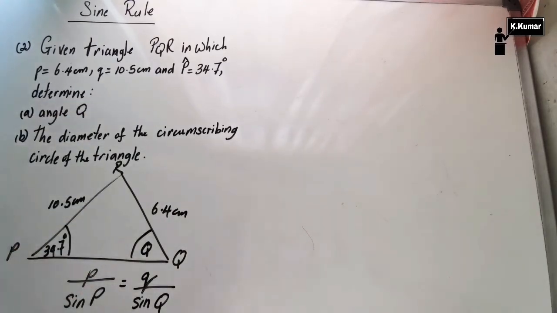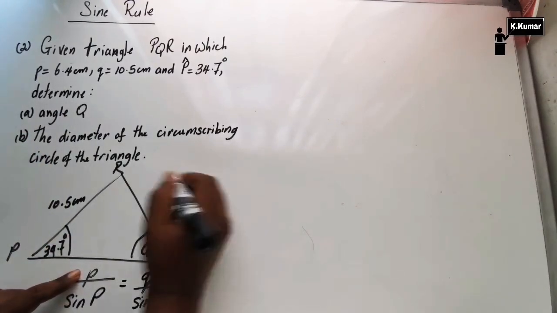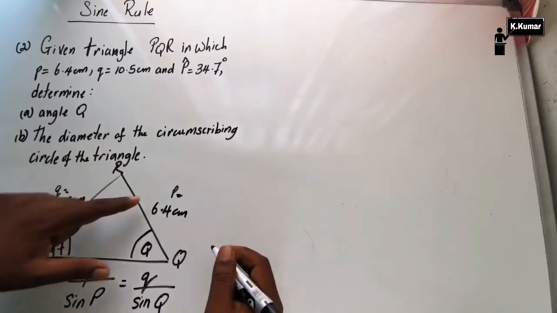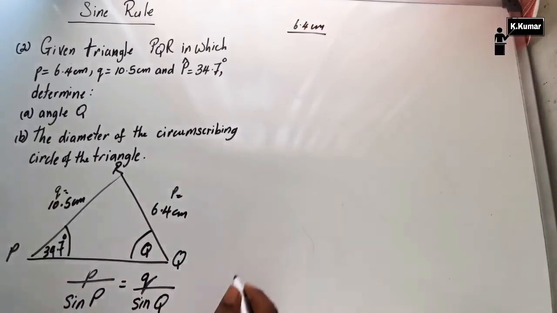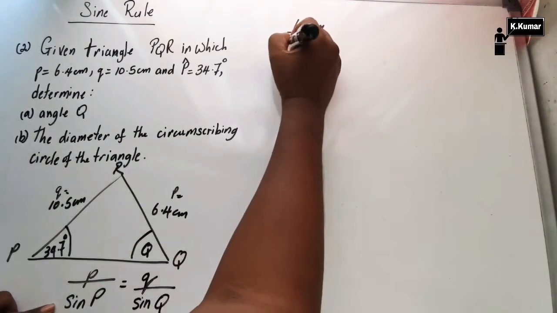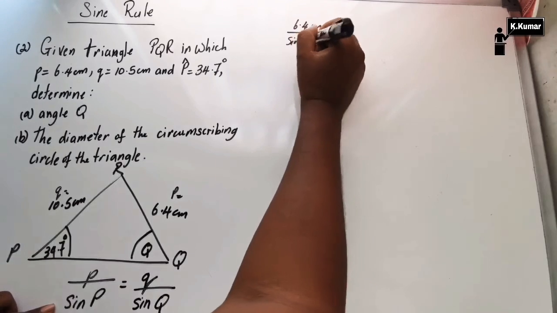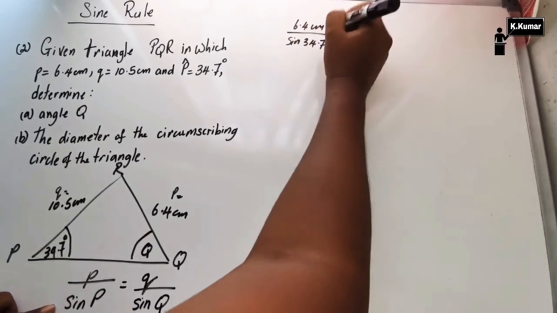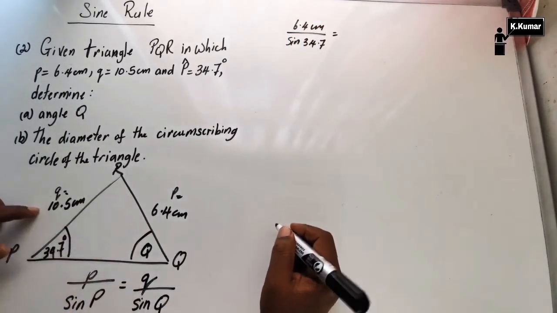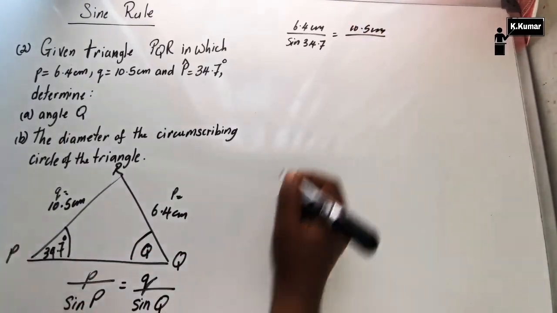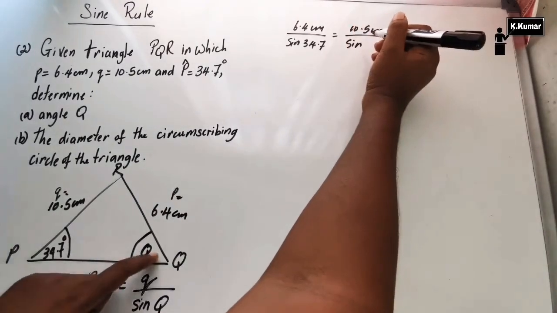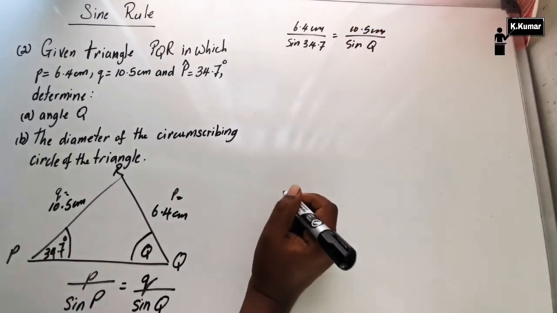So let's substitute our values and solve for the angle Q. So we know that P is equal to 6.4 cm divided by sine of the angle at P, that would be sine of 34.7, is equal to Q, which is 10.5 cm, over sine of Q that we're trying to find.